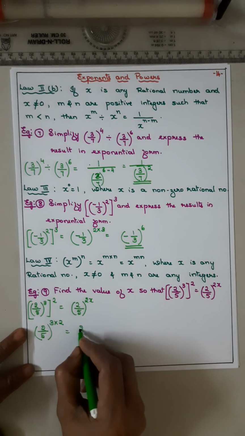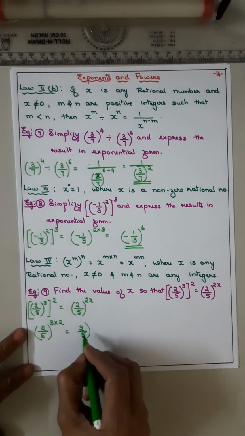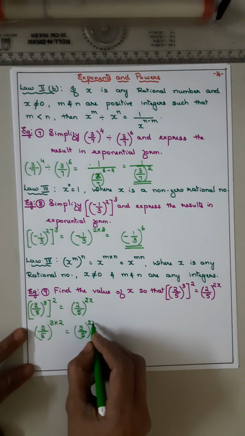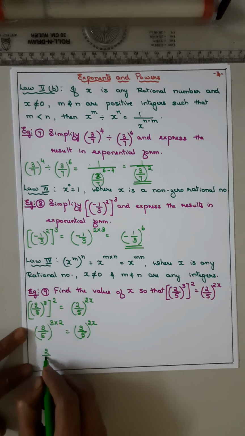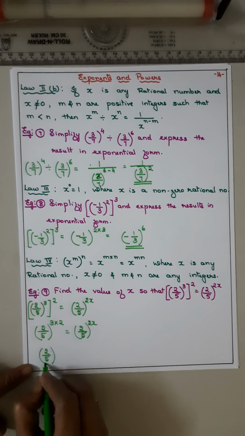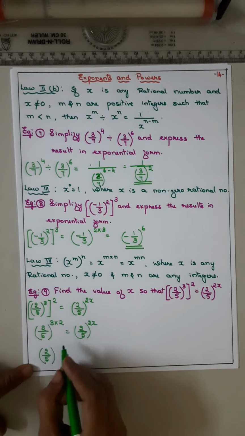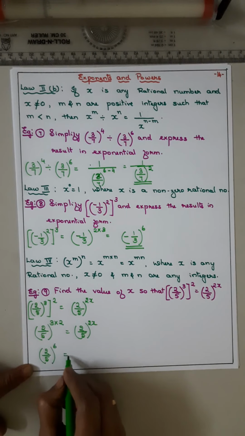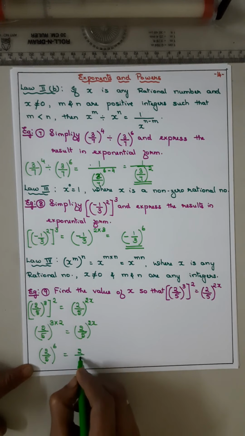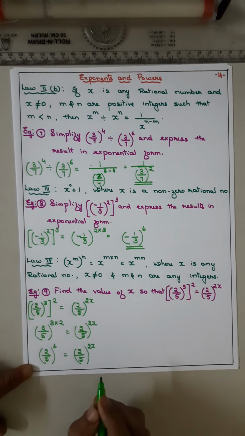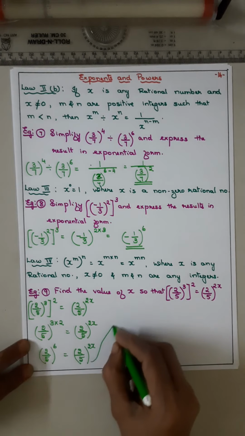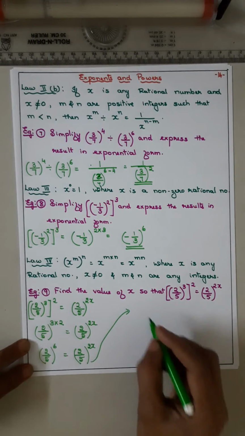On the right side it will be 2 by 5 the whole raised to 2x. Now this one, how much will it be? 2 by 5 the whole raised to 3 2s are 6. And here it will be 2 by 5 the whole raised to 2x. Now what do we have to write?